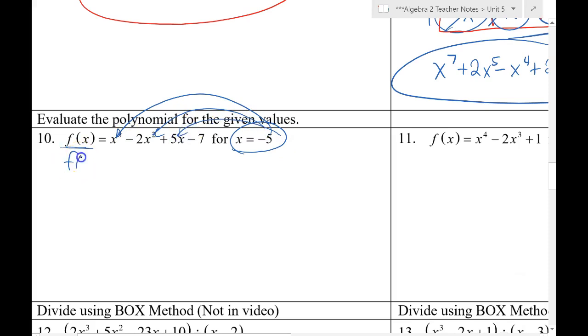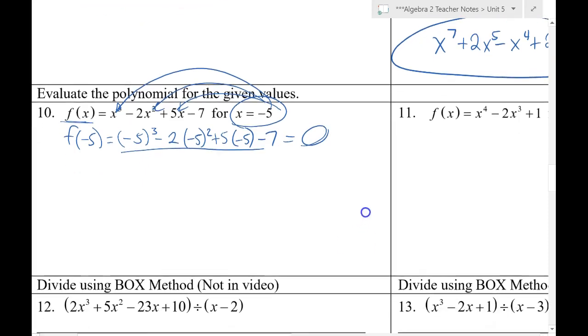So then f of negative 5 will be equal to negative 5 cubed minus 2 times negative 5 squared plus 5 times negative 5 minus 7. And then you just multiply, add everything up, and that will get you your answer.